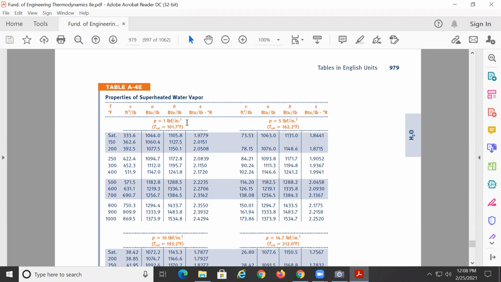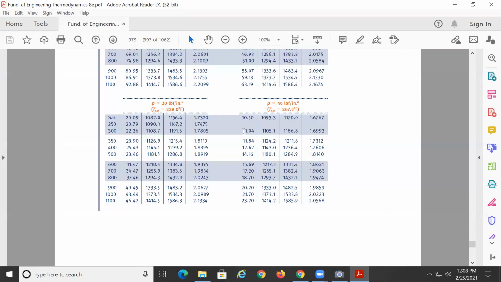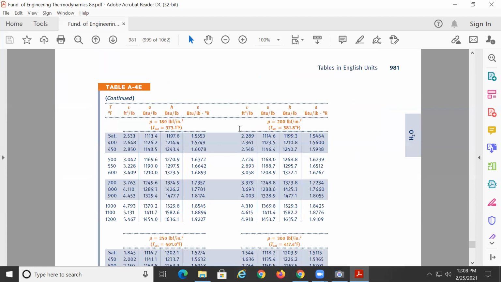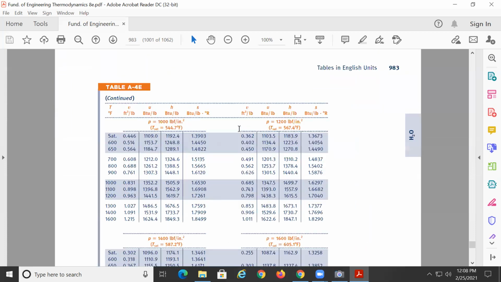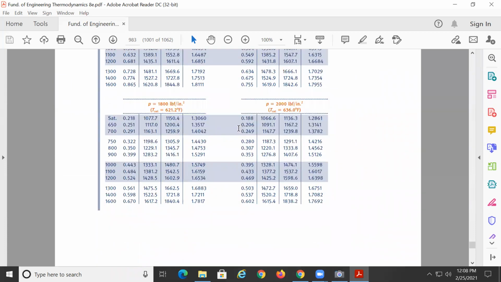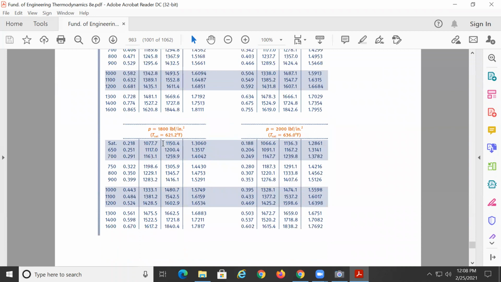I might do a figure now. What is the pressure? 1,800. So hopefully I have 1,800. Otherwise, I don't want to have to interpolate. No, it's right here, 1,800. And what is the temperature? 1,100, no?